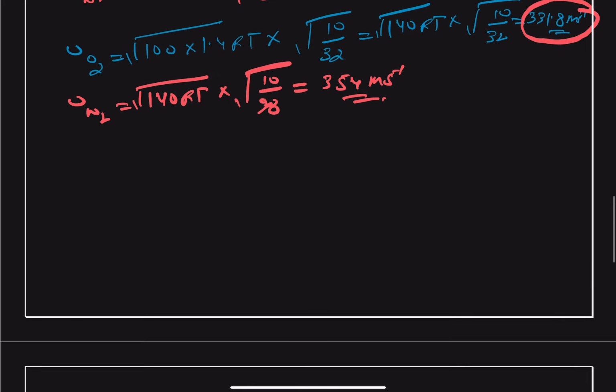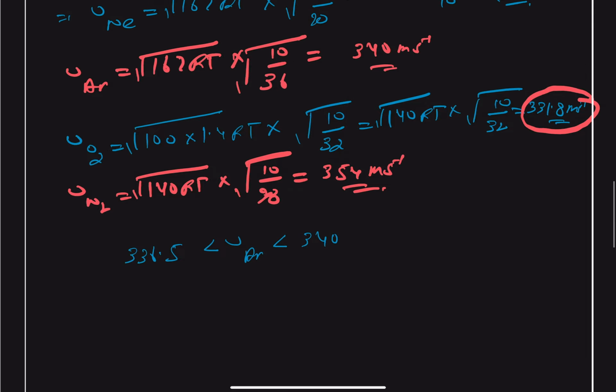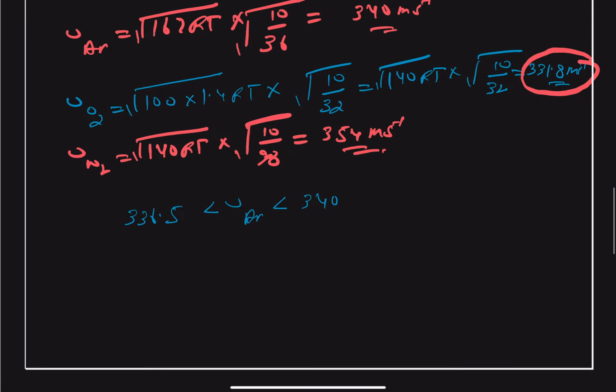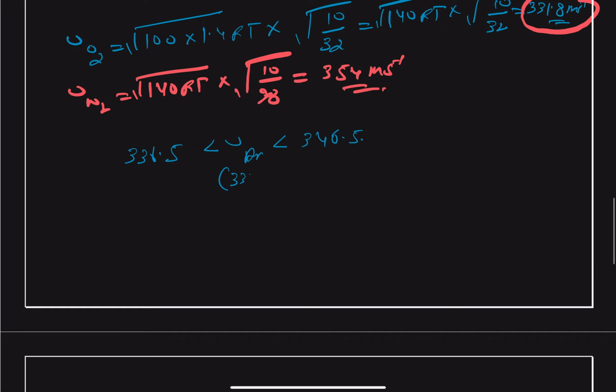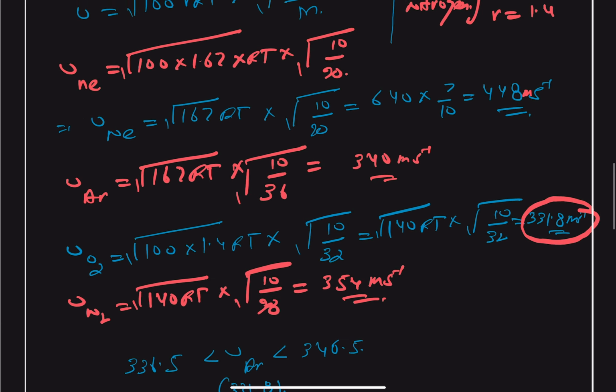So we can say that the velocity of argon is greater than 336.5 but less than 346.5, because the velocity of argon is 340. Sorry, my mistake, velocity of argon is 340.